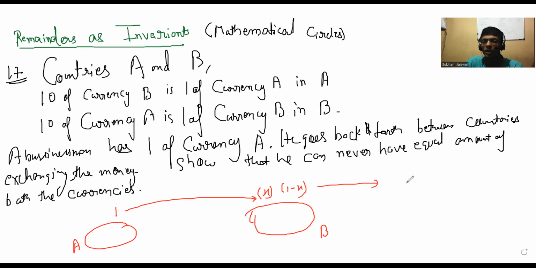How much of currency B can he have if he gives X of currency A in B? X by 10, right? So he has X by 10 of B and 1 minus X of A. Am I right?